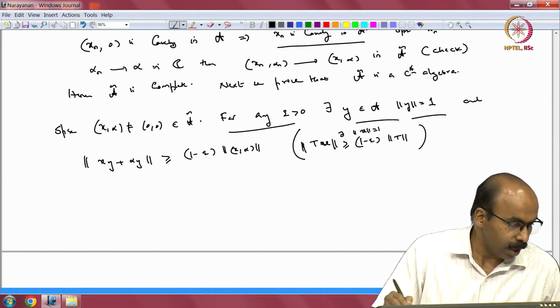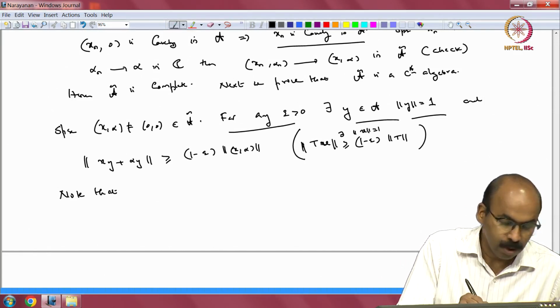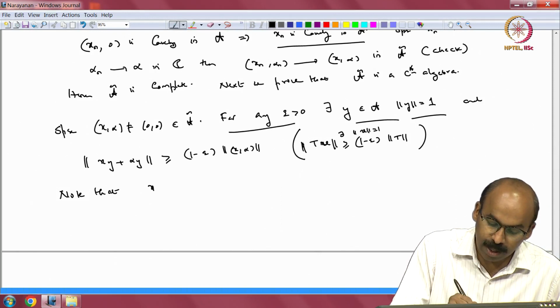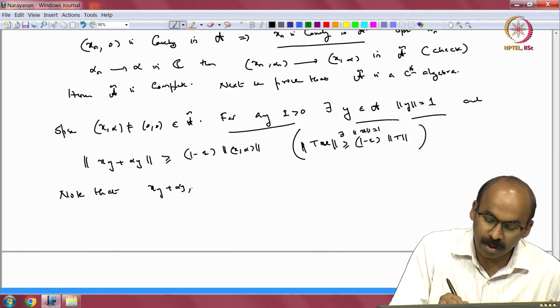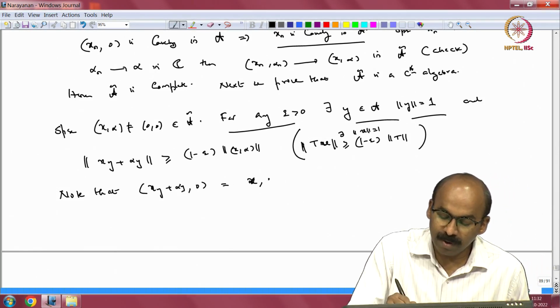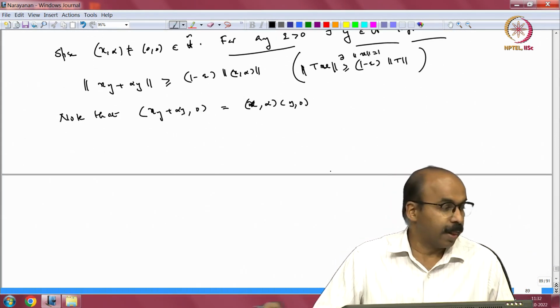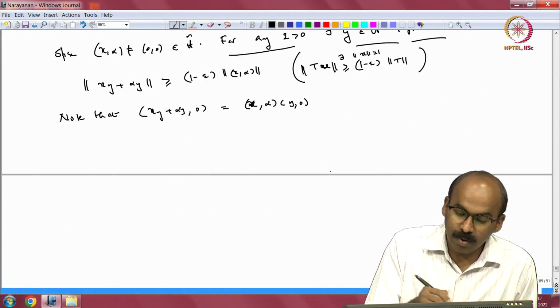So, note that (x y plus alpha y, 0) is (x, alpha) times (y, 0). Of course, it is the action of (x, alpha) on (y, 0), that is why you have that.